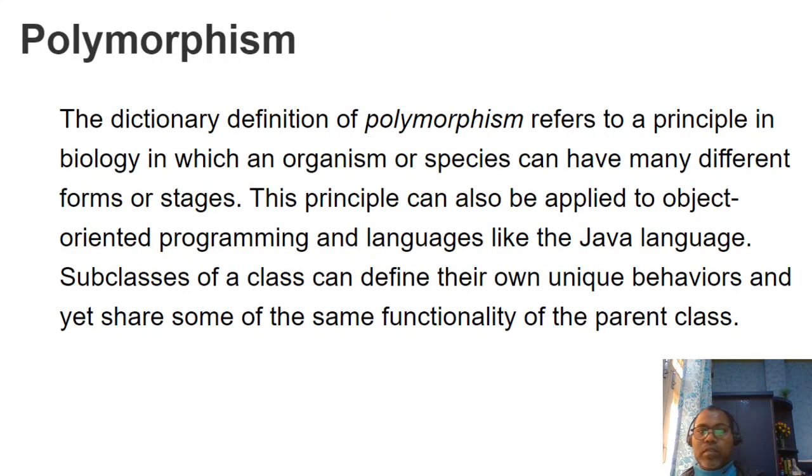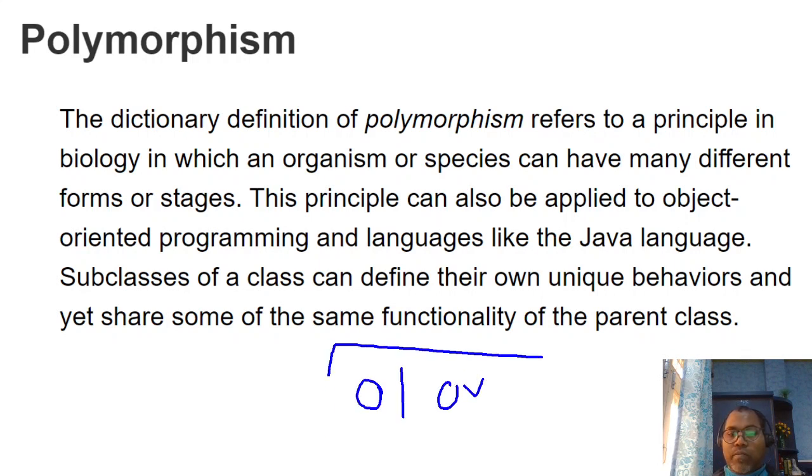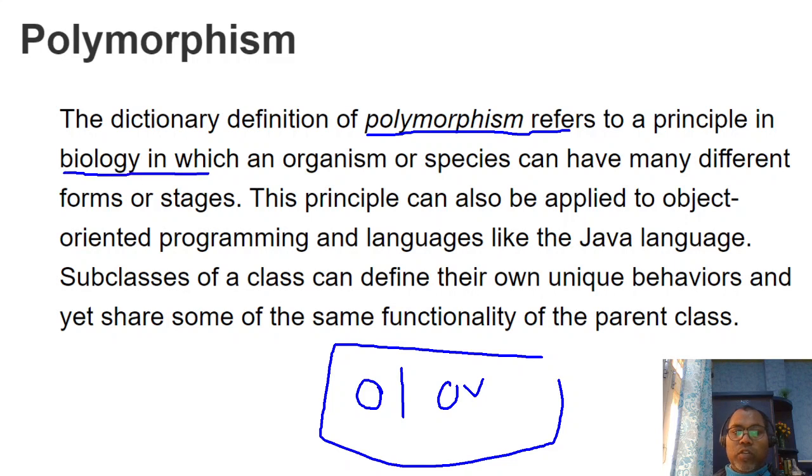As we discussed overloading and overriding, this is a form of polymorphism. What is polymorphism? The dictionary meaning of polymorphism, in biology, is an organism or system in different forms. One object can have many different forms.